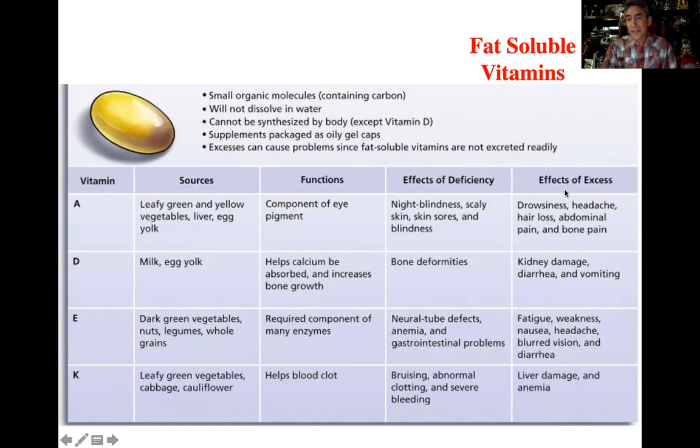Too much causes headache, hair loss, kidney damage, blurred vision, liver damage, anemia, bad things as well, right? So again, the moral of the story: we have to have A, D, E, and K in our system in moderate amounts. Deficiencies can be bad, excessive overdoses can be bad.